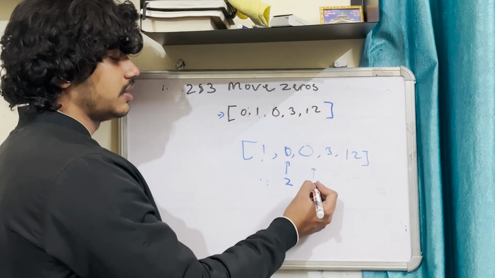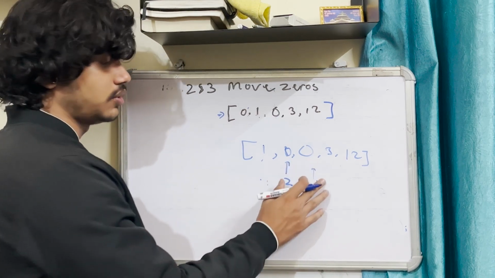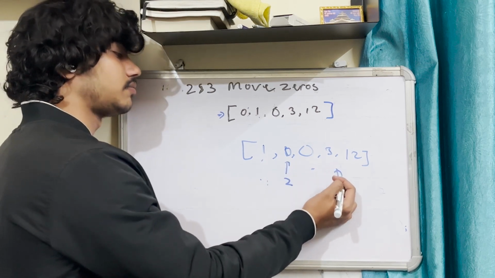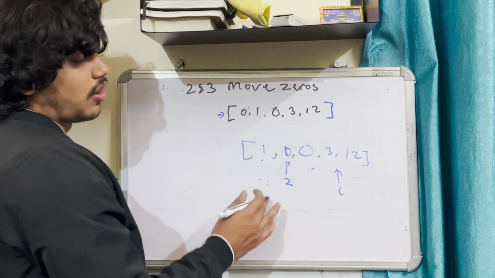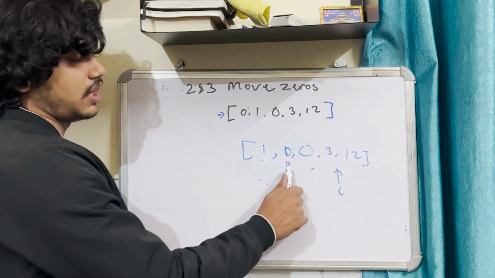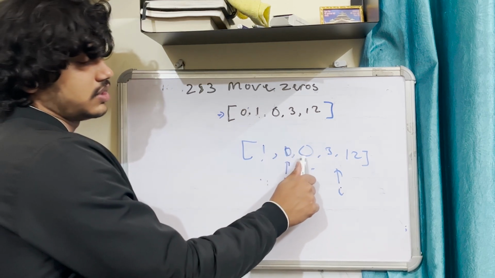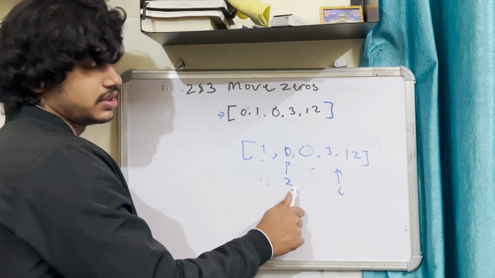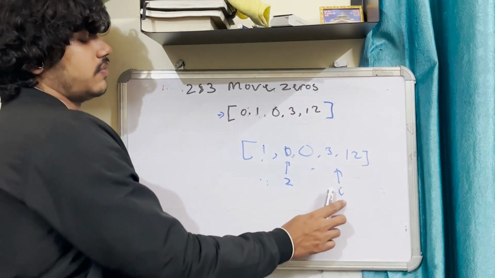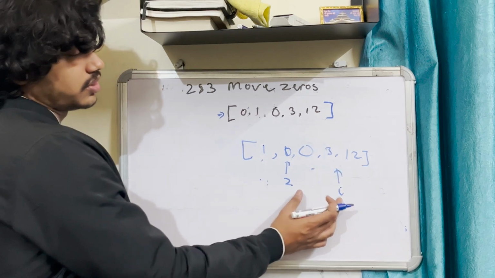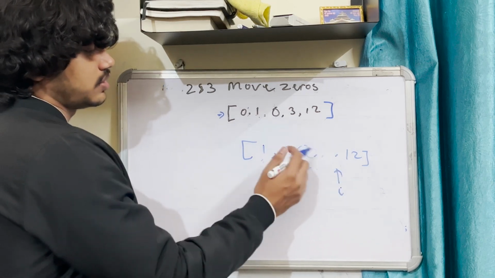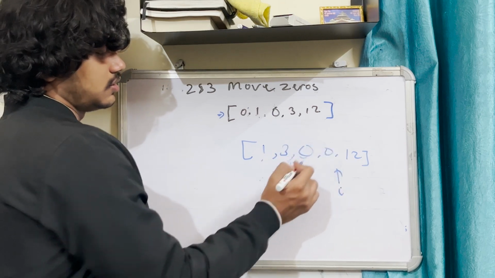So your i will come here. This is non-zero, so you don't do anything. You move here. This is the first non-zero element after the z position. You simply swap the elements at these two positions. 3 will be here, 0 will be here.